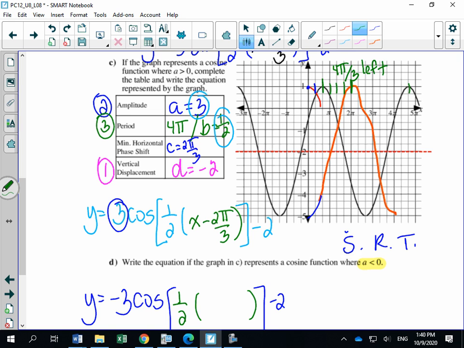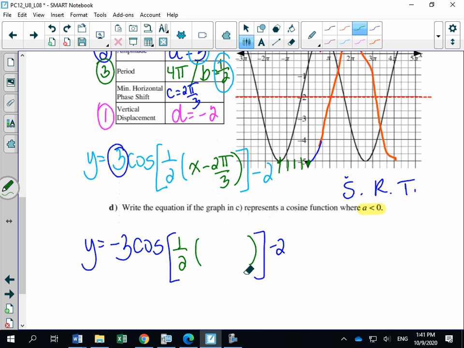If I was to go from this point to this point, let's check: 1 pi over 3, 2 pi over 3, 3 pi over 3, 4 pi over 3. So my phase shift is 4 pi over 3 units left. That means that my C value is negative 4 pi over 3.